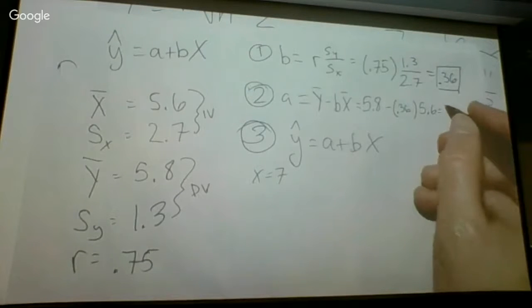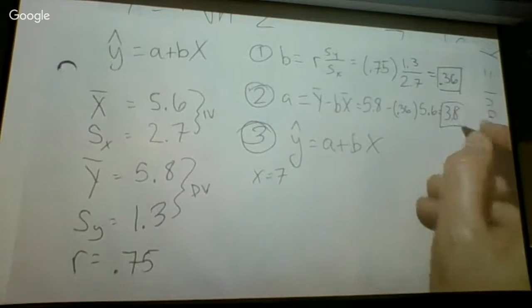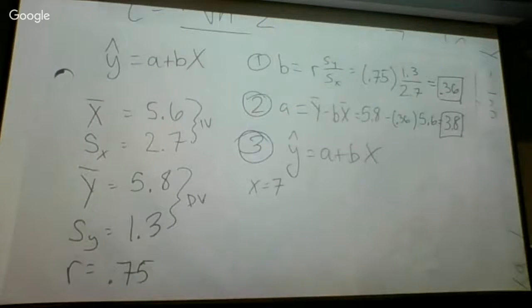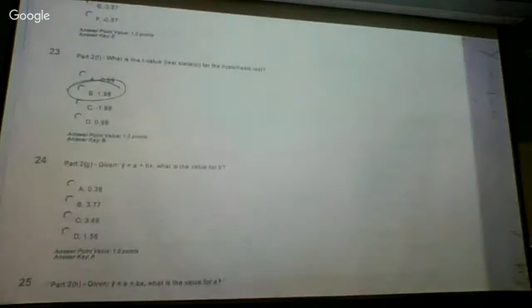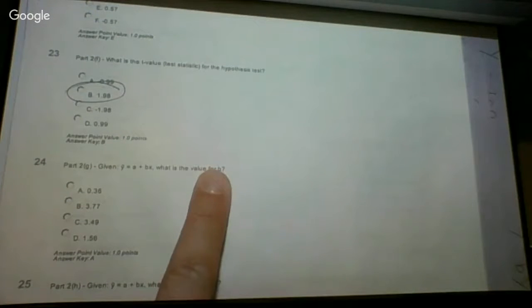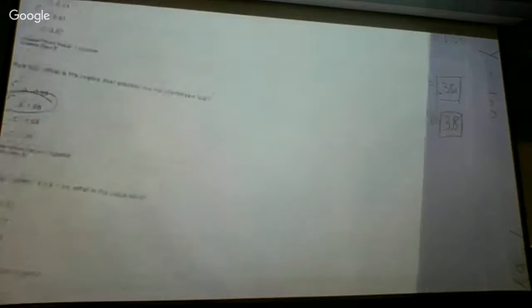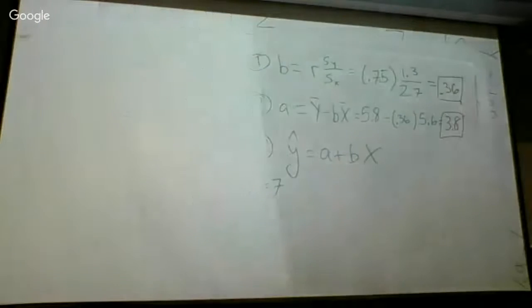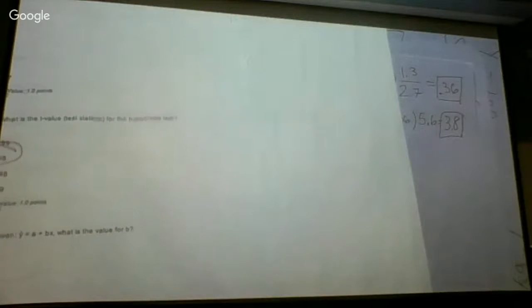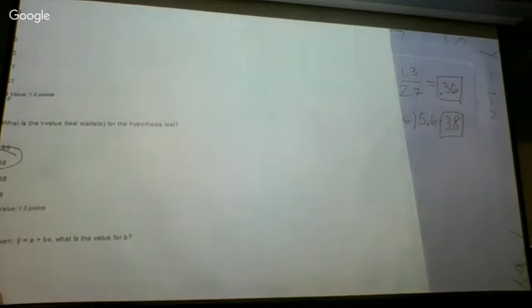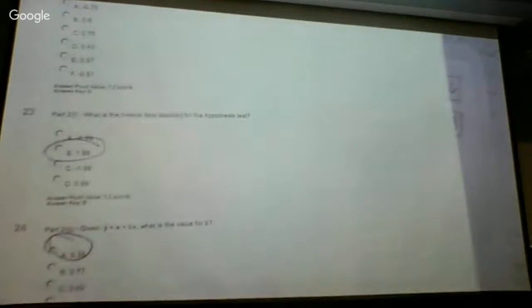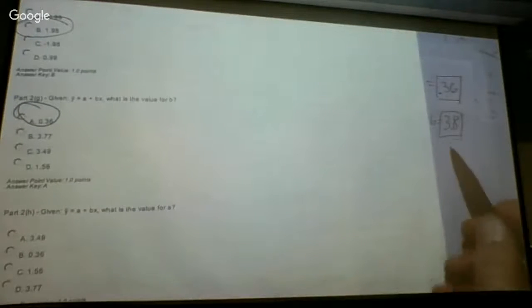Now the numbers you might get on a sheet like this could be slightly different. For example, what is the value for b? 0.36. What is the value for a? Something like 3.8.